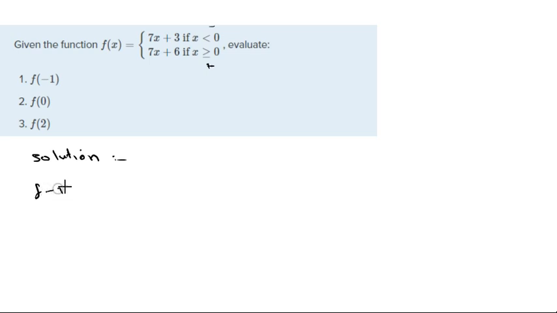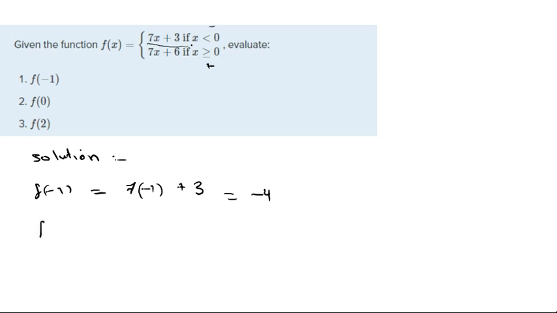Now f of minus 1 will be equal to, first we need to find which formula this input will follow. It's minus 1, so it's a negative number less than 0. So the formula number 1, which is 7x plus 3, it is 7 multiplied by minus 1 plus 3, which equals minus 7 plus 3, minus 4.